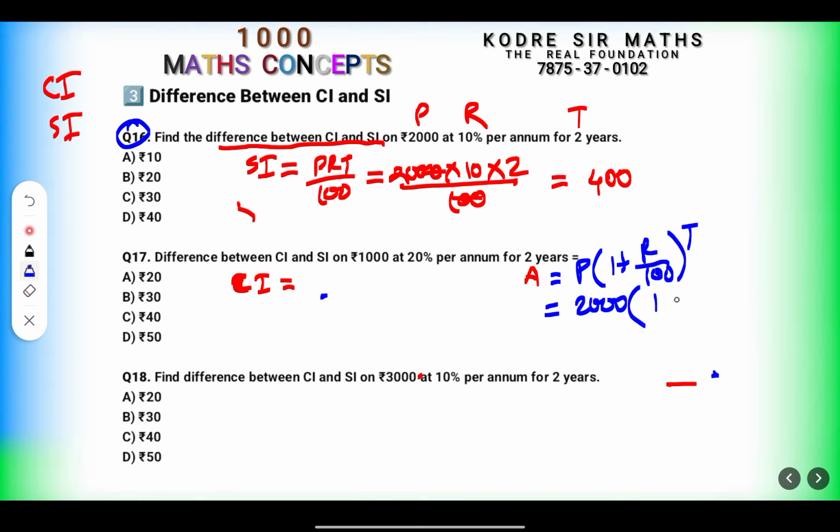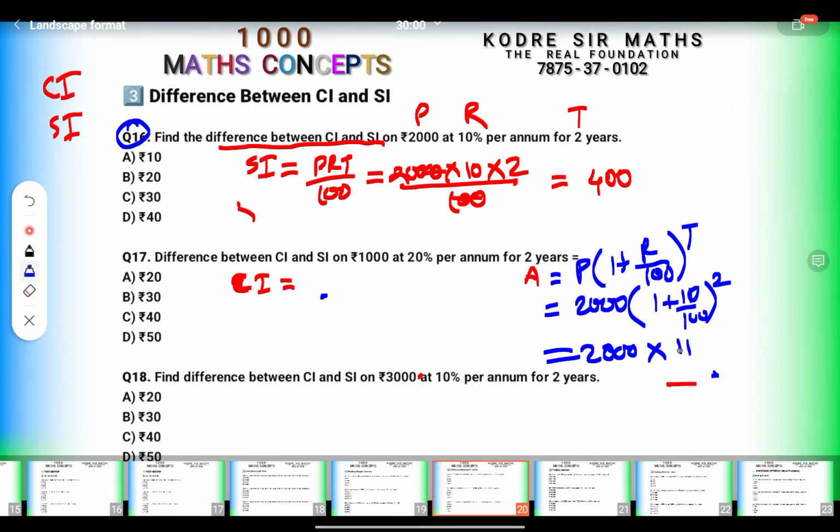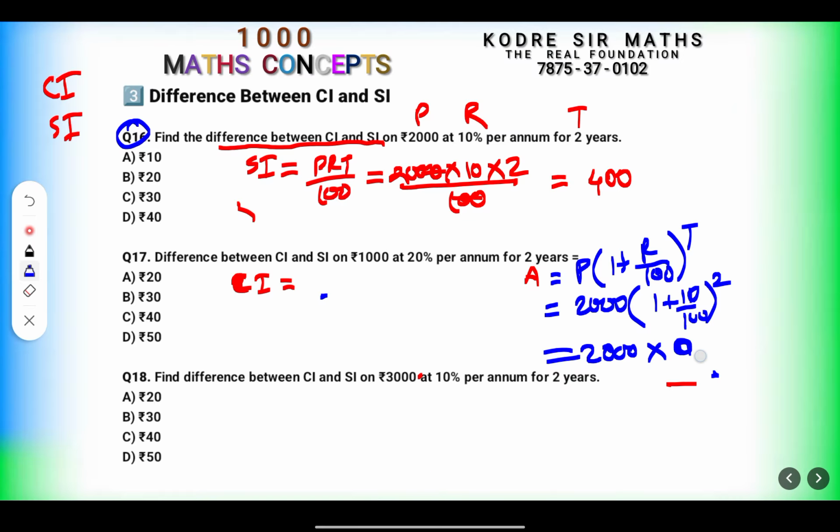Right. 1 plus, we saw just now, what is 1 plus 10 upon 100? 110. Okay, so 2000 into 1.1 square, 1.1 square which becomes 1.21. If you multiply, it is going to be 2420.